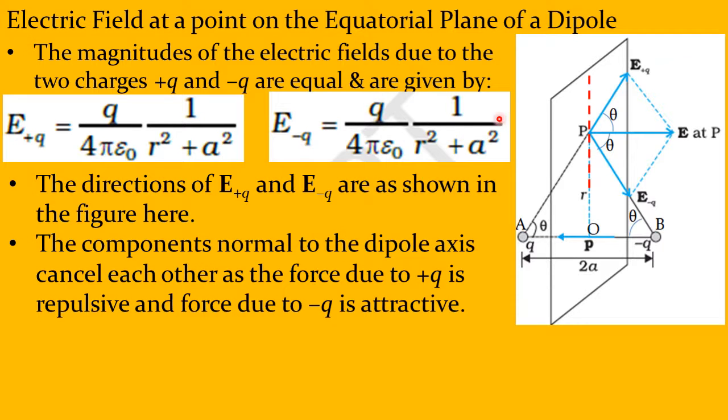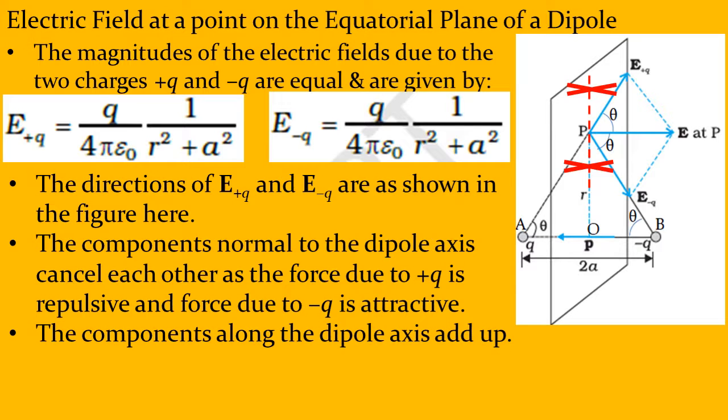The components which are normal due to the charge plus Q in the upward direction and the component due to the minus Q charge which is in the downward direction, they are equal in magnitude but opposite in sign, so they cancel out each other.